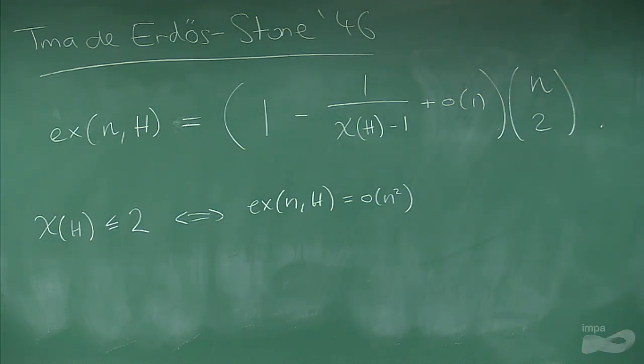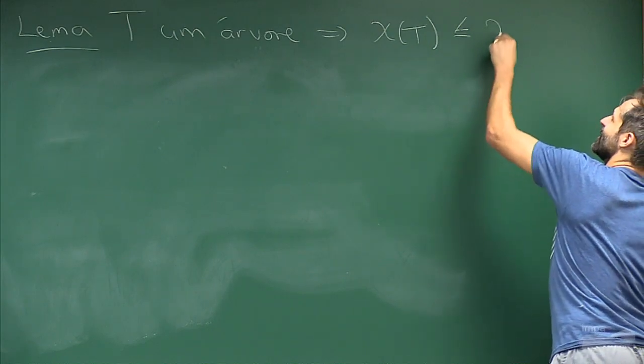Lemma: the chromatic number of a tree is at most 2. And what's the proof?